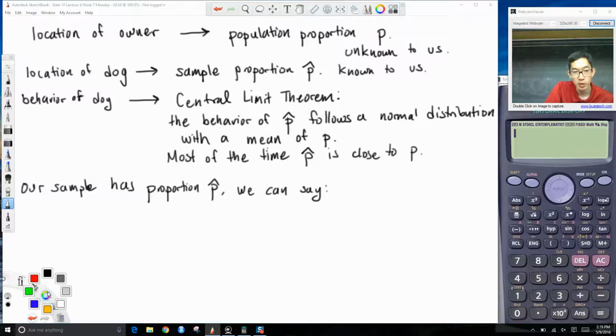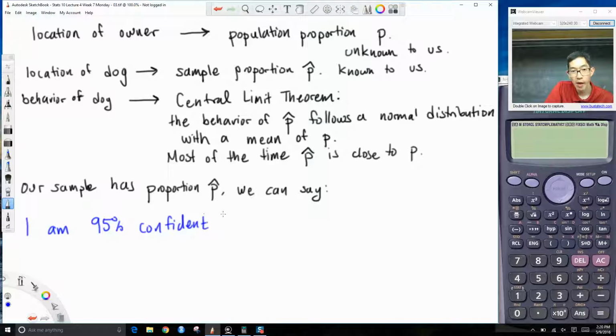basically something along the lines of, I am 95% confident that the population proportion p is going to be close to p hat.